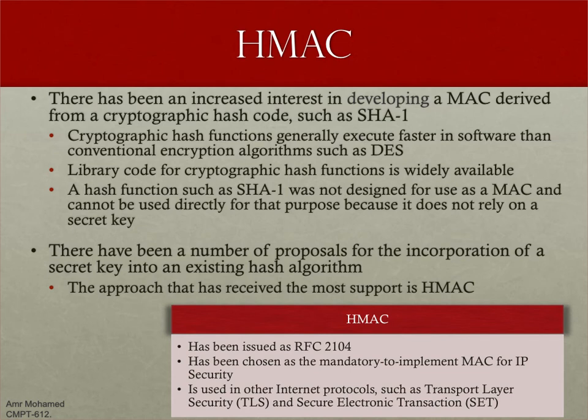If we combine the original message and the secret value, then we achieve the two objectives, which are authentication and signature. There has been an increased interest in developing HMAC derived from cryptographic hash codes, like SHA.